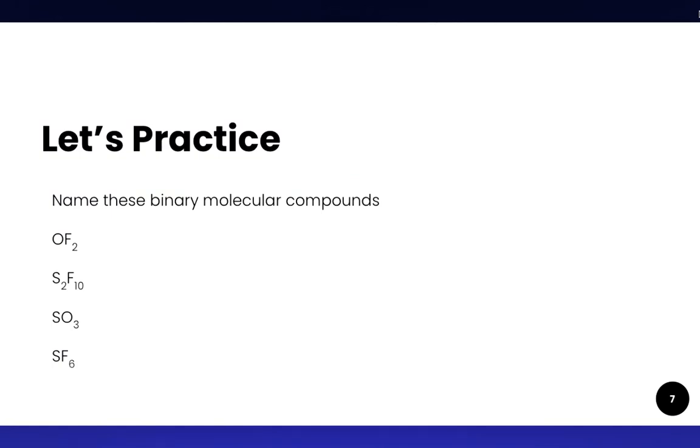We have one oxygen here, so it's oxygen. Then there are two fluorines, so it's difluoride. Okay, we have two sulfurs, so we will call this compound disulfur. Decafluoride.